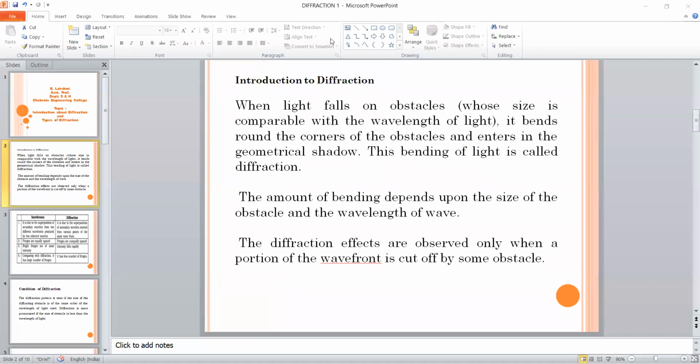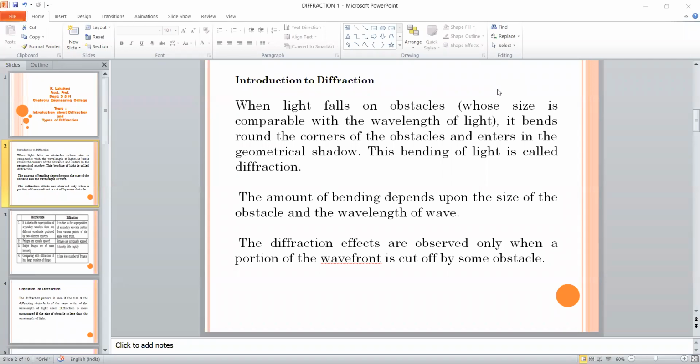In the last sessions, we discussed the interference topic. That means what is the principle of superposition? What are the conditions for obtaining an interference pattern? Interference on a thin film.